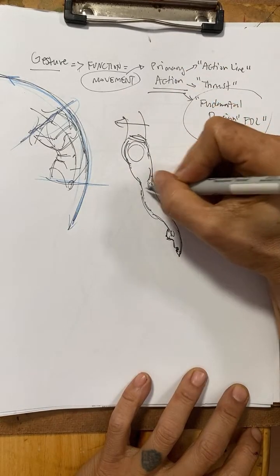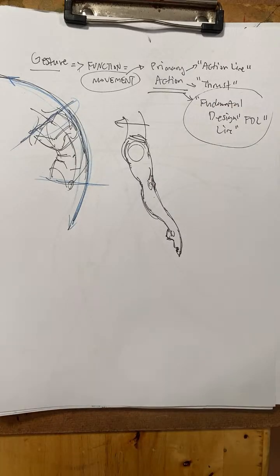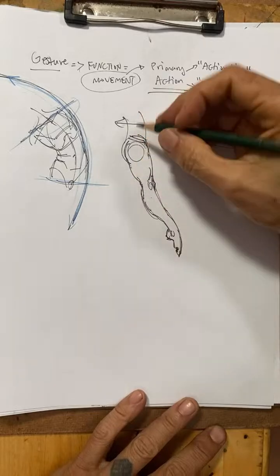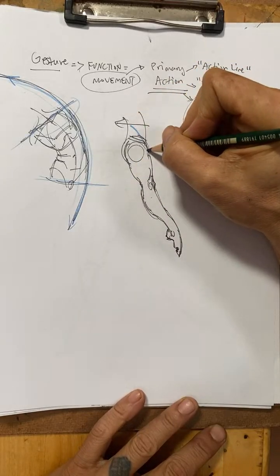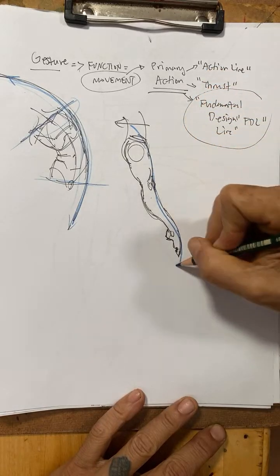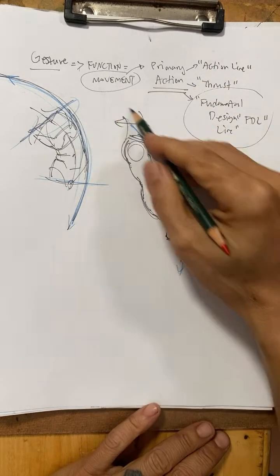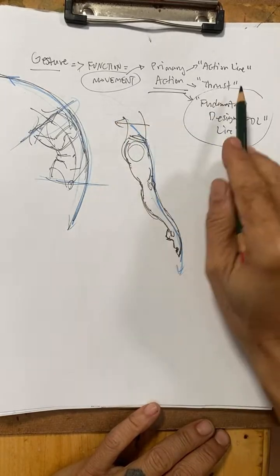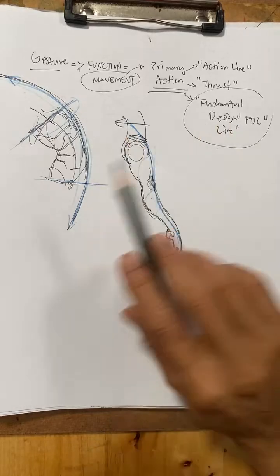And it's quadriceps, knee. So the action of this form is a pretty S-curve. It's a pretty long, pretty S-curve. You see, that's the action, the movement, the primary action of this form. That's the fundamental design line of this form that we build on top.